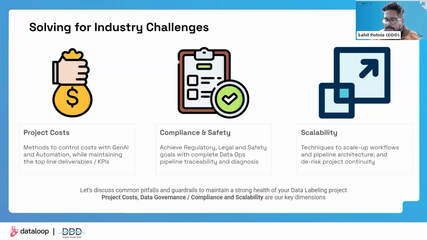Some of the ways in which we have seen reducing the project cost, just to share an example: we had a particular client reach out to us who wanted to annotate large scale videos, thousands of videos and millions of hours of data. We used a natural language semantic tool, which basically just by giving it a prompt, was able to find the particular situations of interest within that video timeline.